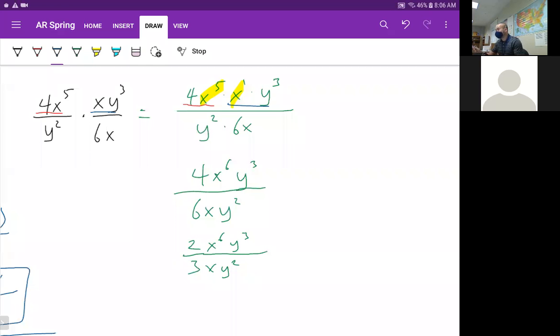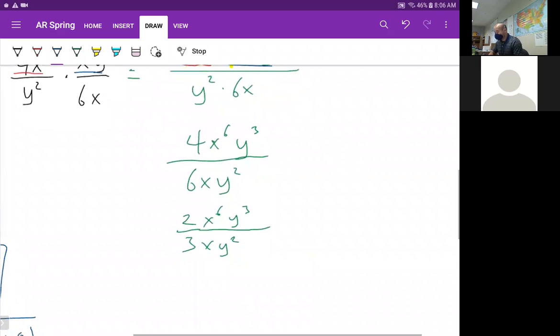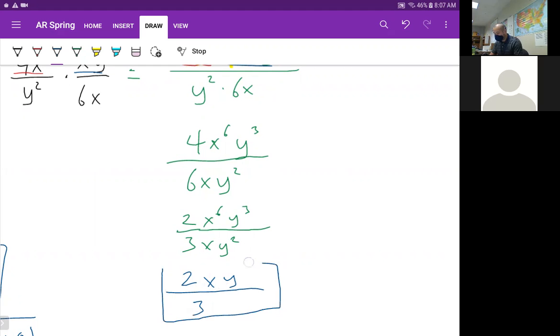Yeah. This one, and I'll run it again more broken up. So from here, you can start canceling out variables. So that's going to be 2 and then x, y, and the ones at the bottom cancel out because it's 6 minus 1 and then 3 minus 2. So this ends up being your answer.